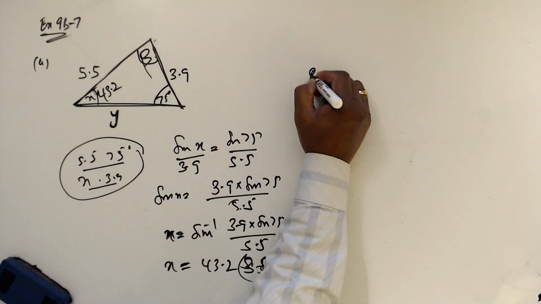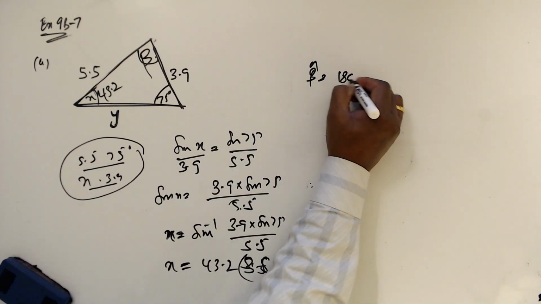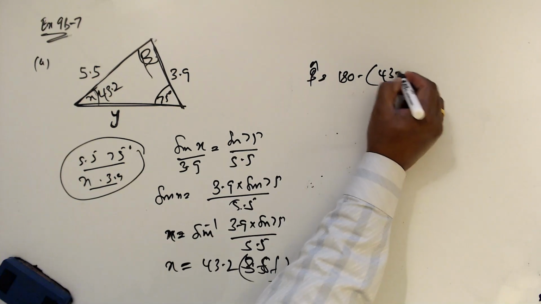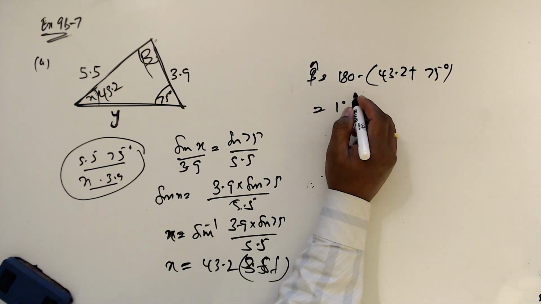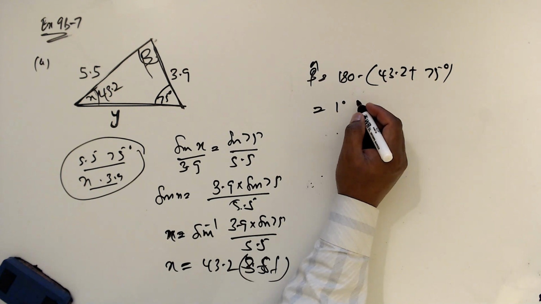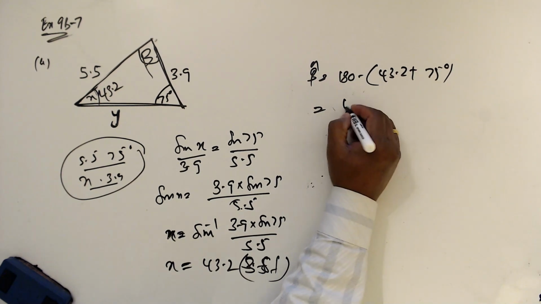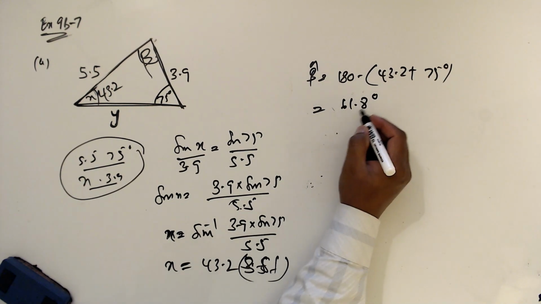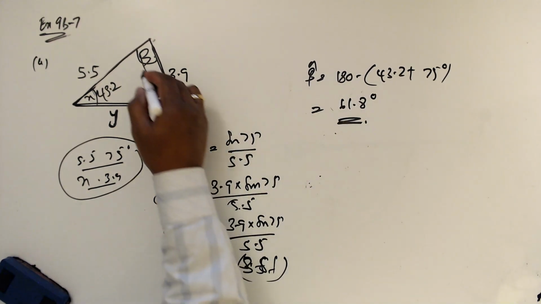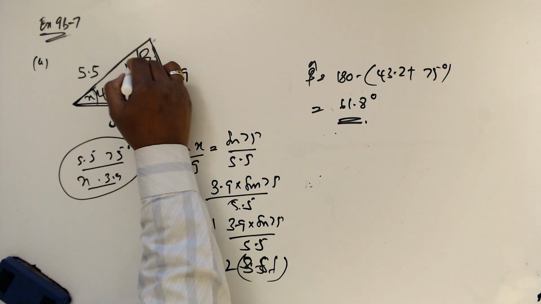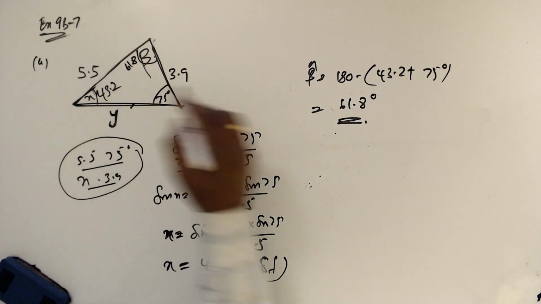Beta equals 180 minus (43.2 plus 75), which is 61.8. Now I know the angle 61.8, so now I can find y.